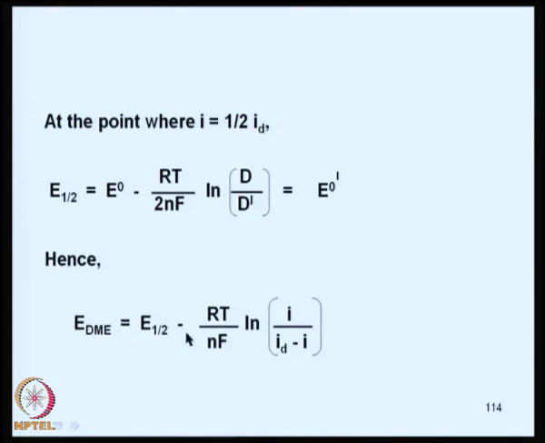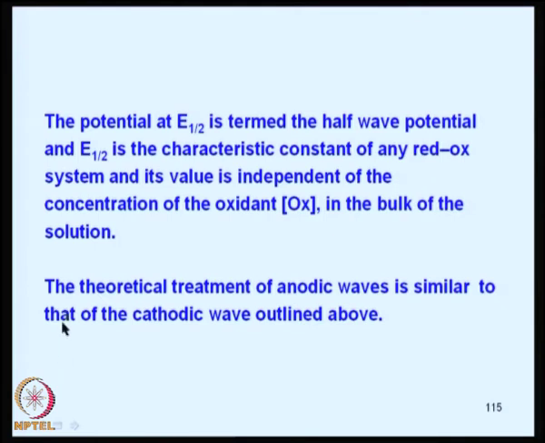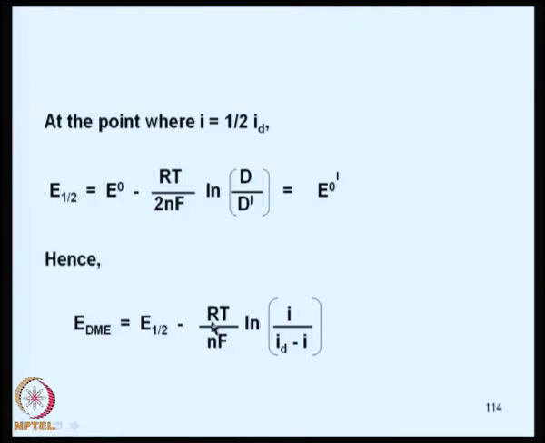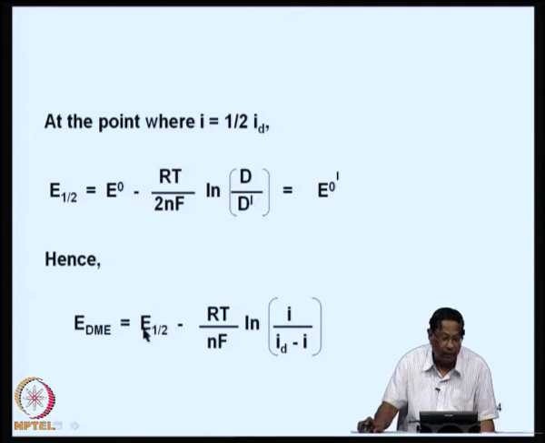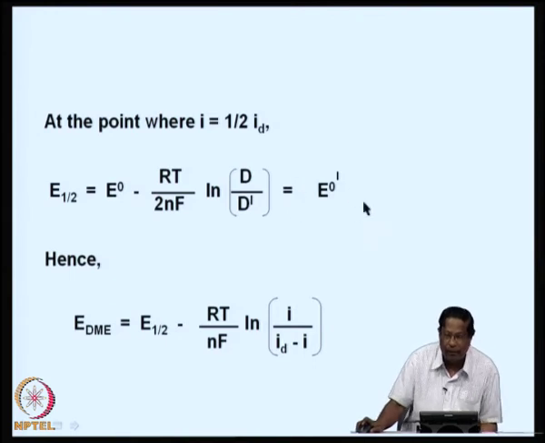So, E_dme is equal to this, and when I is equal to I_d by 2, the potential at E half is actually E naught dash. Here it is E half is equal to E naught minus RT by 2nF ln D by D dash, that should be something similar to standard reduction potential, except modified by the contribution from these terms.